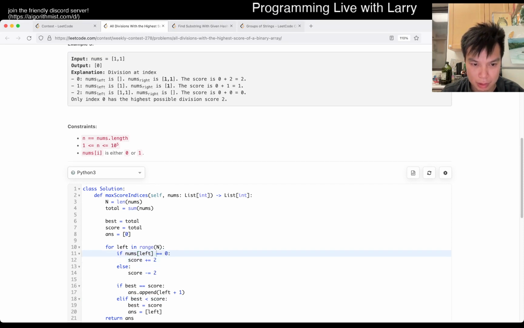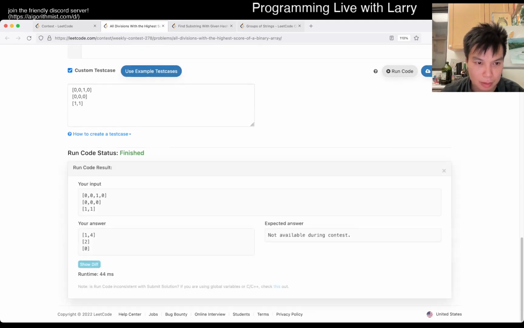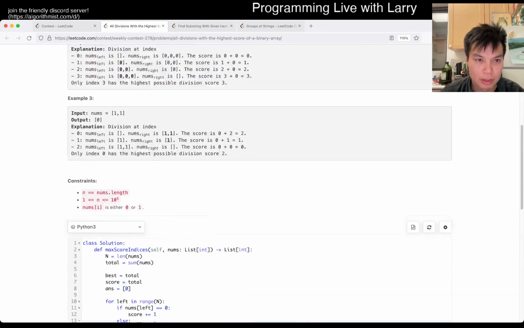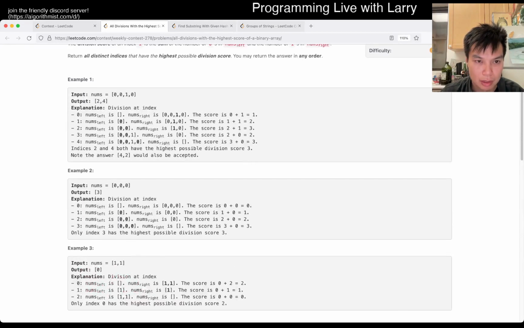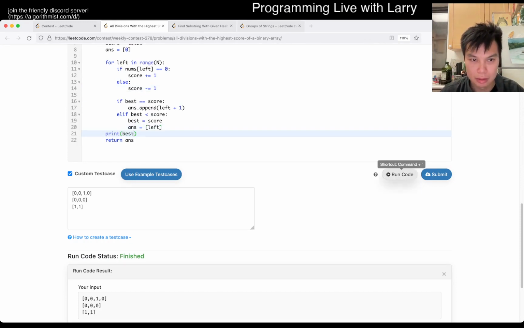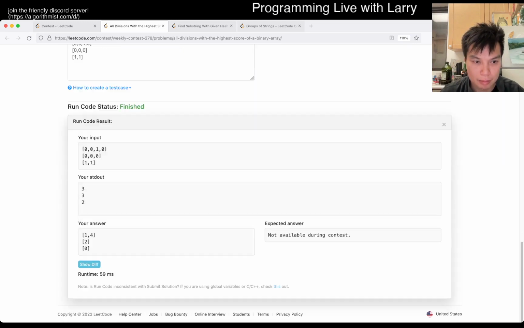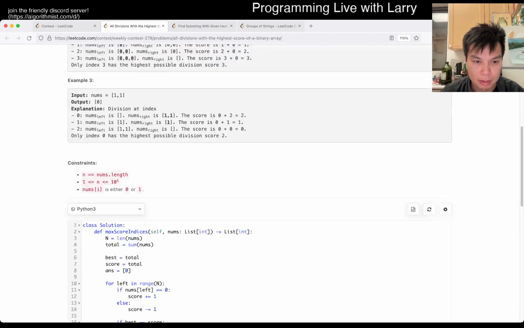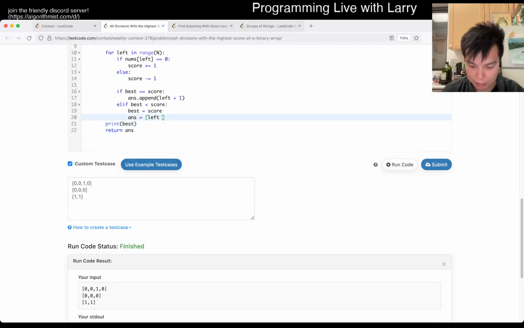Okay, whoops, I guess I messed up. Double count it. There's still an issue here. Why? So the best score is 3, which is right. Oh, this is left plus 1. That's why.